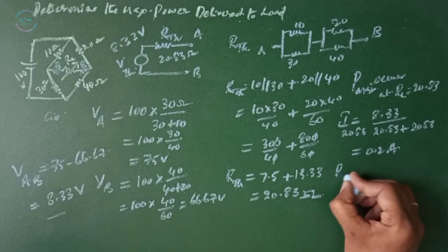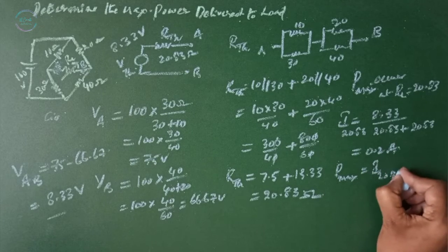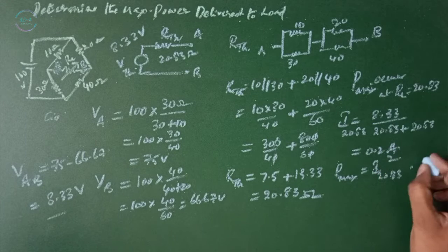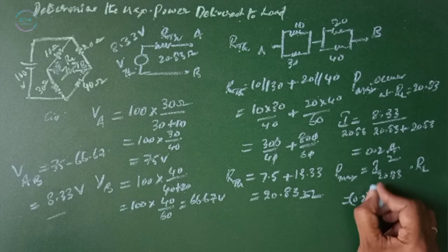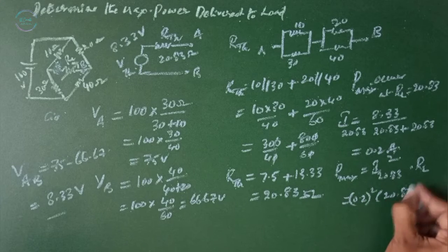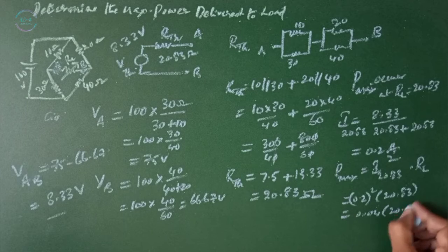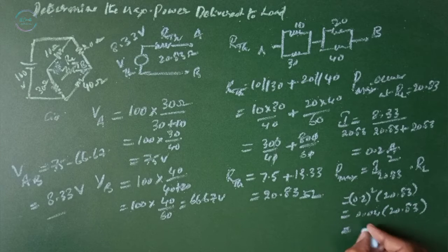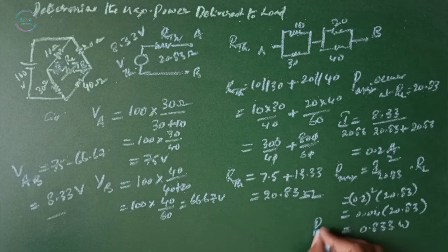The maximum power Pmax is given by I squared multiplied by RL. Then 0.2 whole squared times 20.83, which is nothing but 0.04 multiplied by 20.83. If you do this, you are going to get 0.833 watts. This is Pmax.